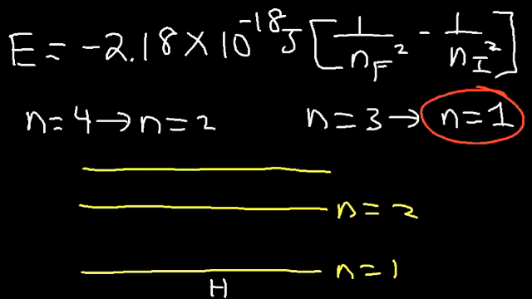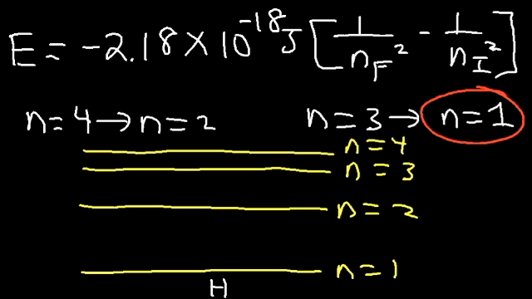So the third energy level is somewhat close to the second, and the fourth energy level is even closer. After that, each successive energy level becomes closer and closer. The energy difference between the first and the second energy level is a lot greater than the energy difference between the third and the second.